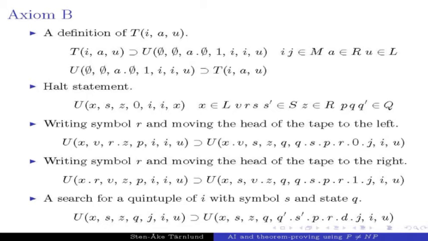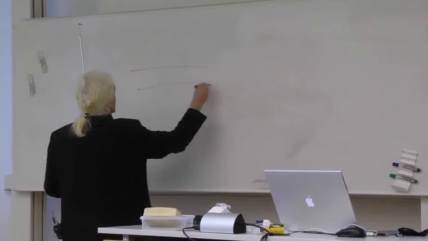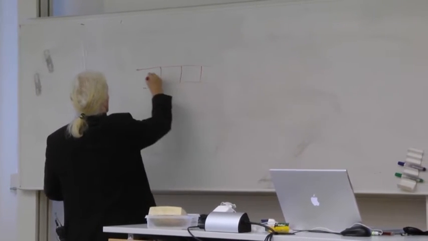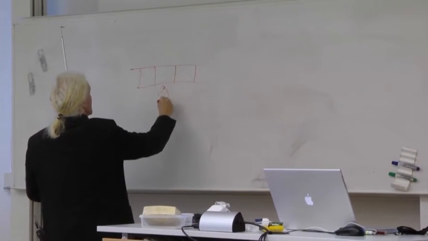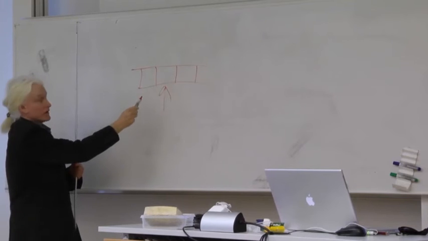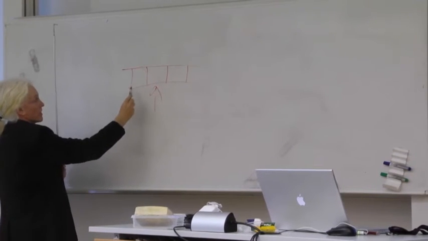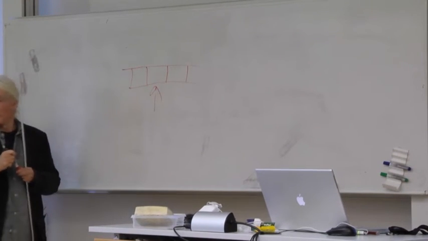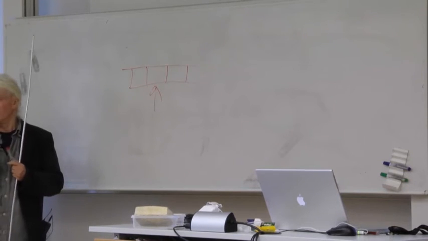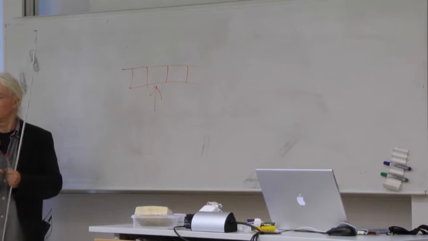There is a tape, a Turing machine. It has a tape that it works on, and it has squares, and it has a head. So it reads here, and it moves one square to the left, one to the right. And each time it moves its head, that's a measure of the complexity.